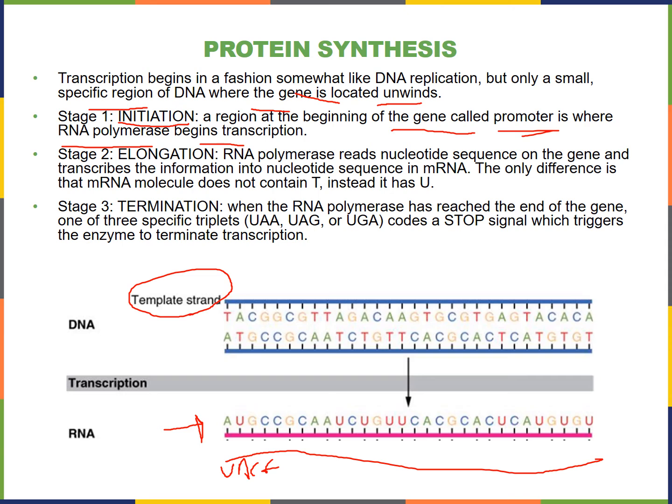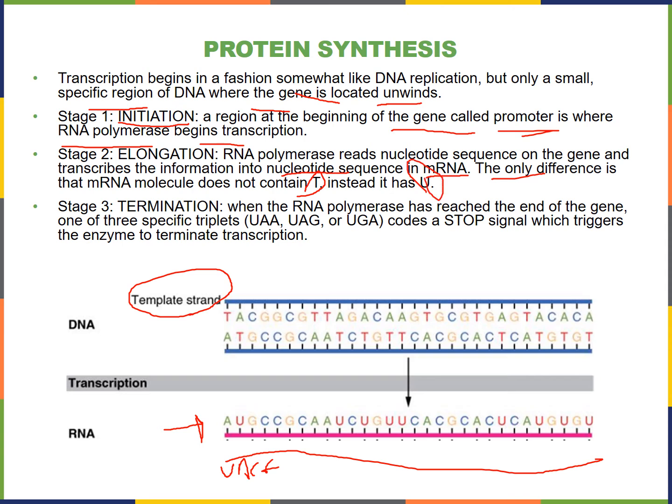Elongation: RNA polymerase reads the nucleotide sequence on the gene and transcribes the information into a nucleotide sequence in the messenger RNA. The only difference is that messenger RNA does not contain T. Remember, instead it has U. Okay?